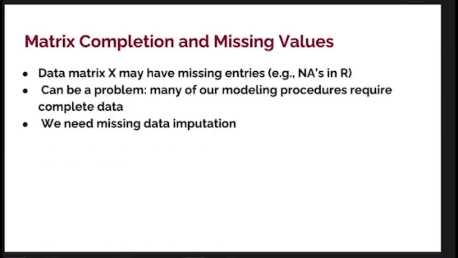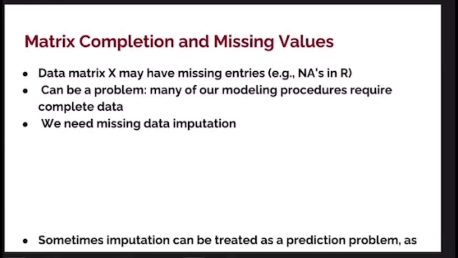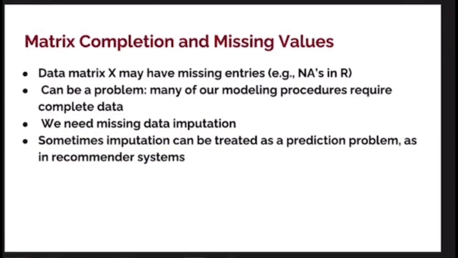We need missing data imputation. Sometimes imputation can be treated as a prediction problem. Why a prediction problem? Because we want to predict those values that are missing. That's very useful in recommender systems like Netflix, Amazon, and so on.